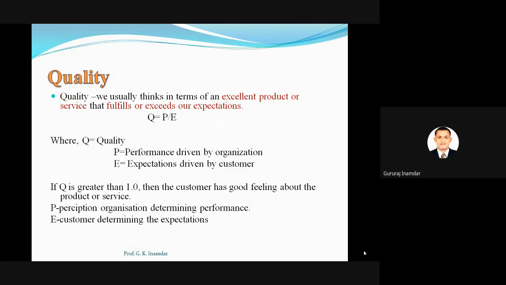Is it right? Then whenever the quality Q is greater than 1, the customer has a good feeling about the product or service, definitely. P is perception of the organization determining performance, and E is expectation of the customer, same formula.